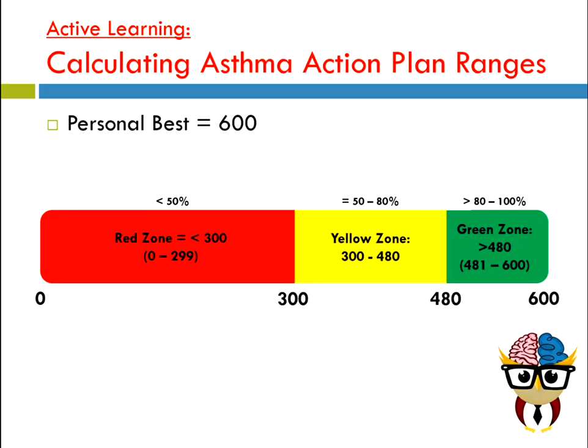So if we had calculated 50% and 80%, then we know that yellow is equal to 300 to 480. And everything else is greater than 480 or less than 300. Okay? As a pharmacist, this is something that you want more often than the provider. Everybody got this? Anybody need another second?